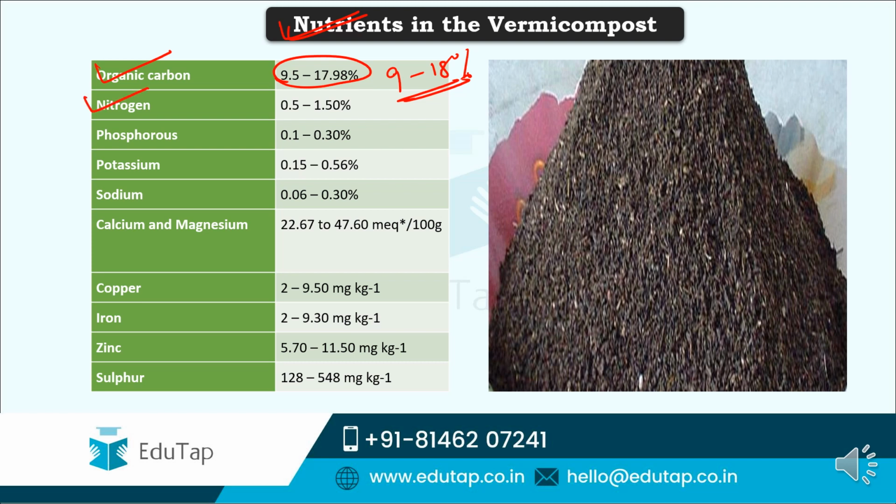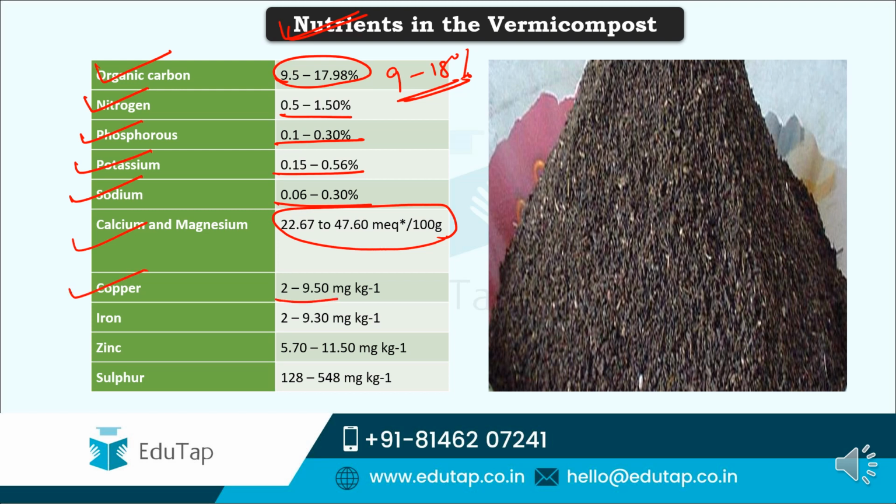Next is nitrogen 0.5 to 1.5%, phosphorus 0.1 to 0.3%, potassium 0.15 to 0.56%, sodium 0.06 to 0.3%, calcium and magnesium. Per 100 grams of vermicompost, it should be 22.67 to 47.6.